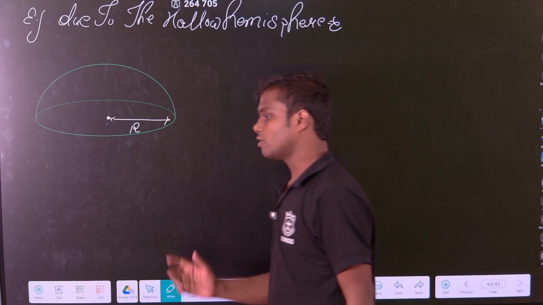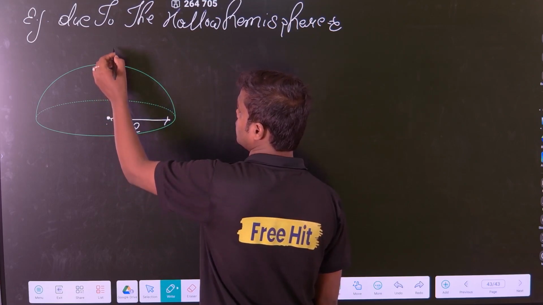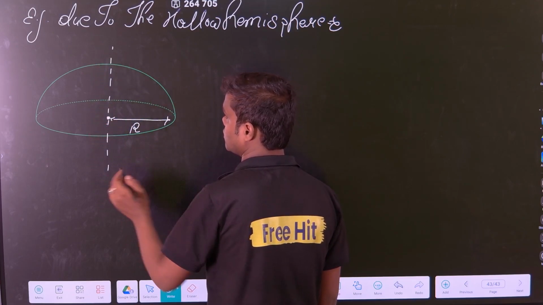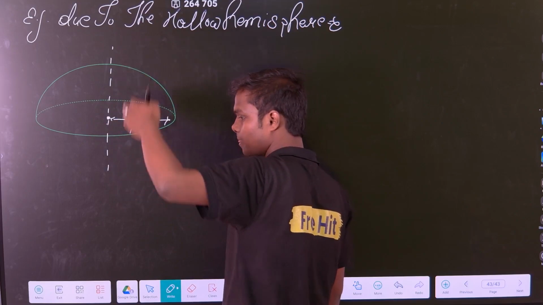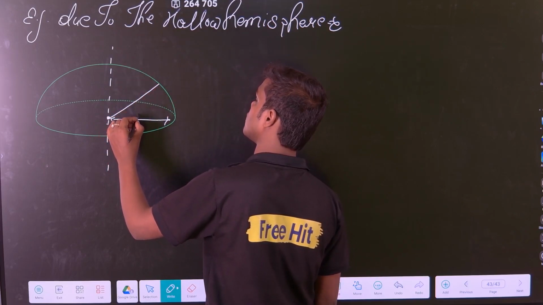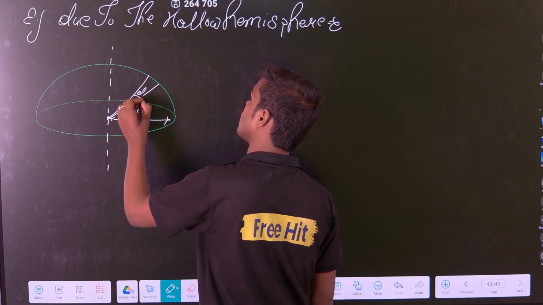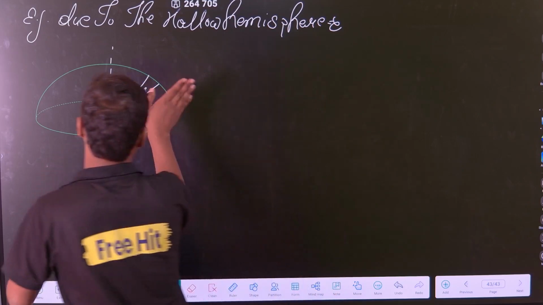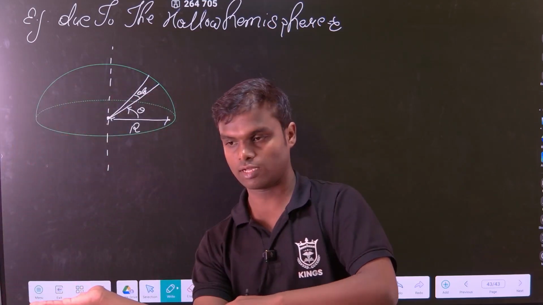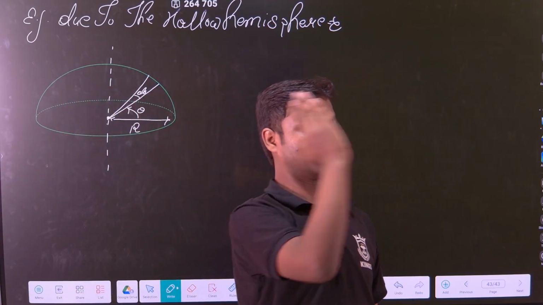So what will be our element? See how to take the element. First of all, suppose this is my center. From angle theta from horizontal, we will go to d theta, and then we will rotate like this to cover the whole hemisphere.